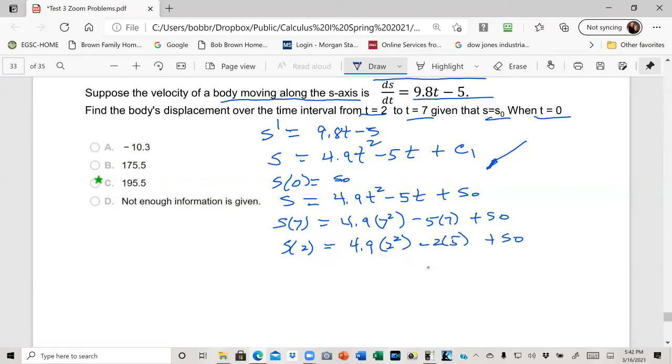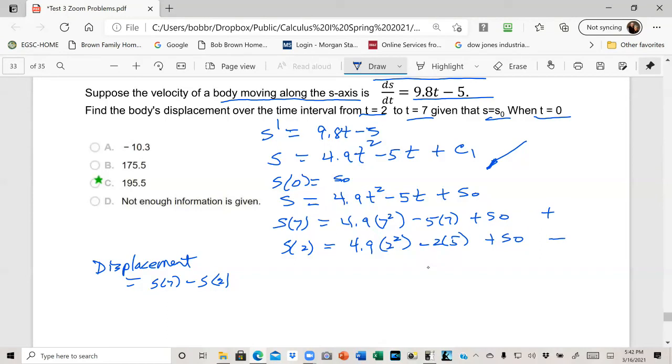So the displacement is equal to s of 7 minus s at 2. And we just need to subtract this from this.